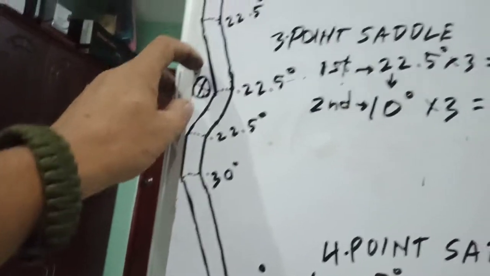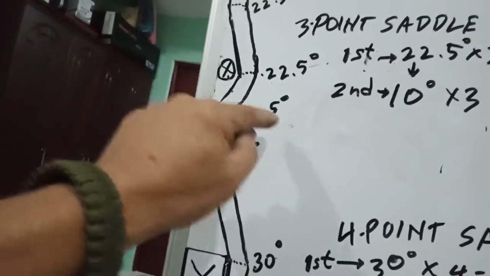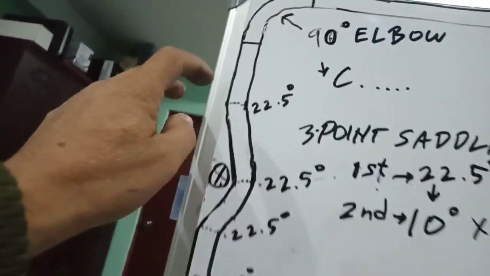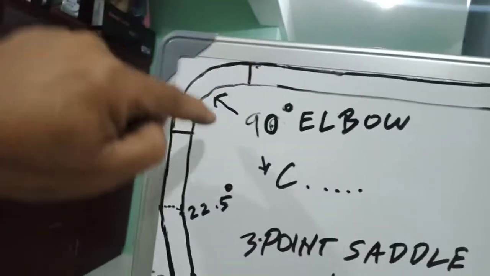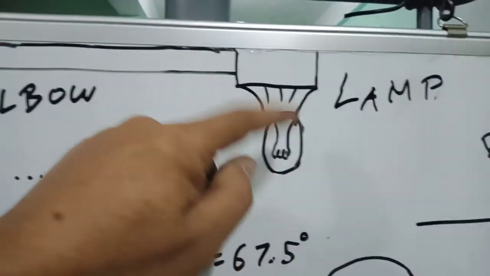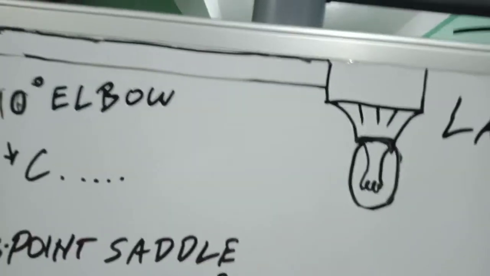We are going to utilize only a 3-point saddle because this is only small, 22.5 degrees on our first option. Another corner, we are going to utilize a 90-degree elbow. And then on the lamp. So, direct like this.